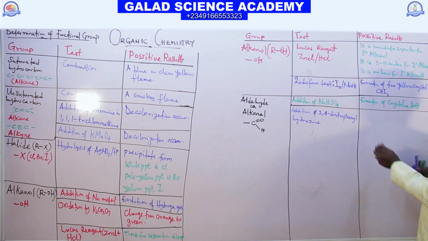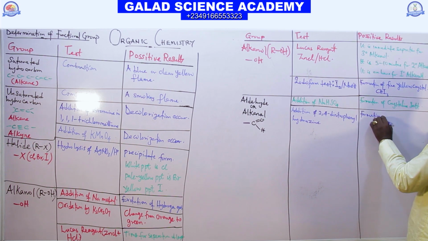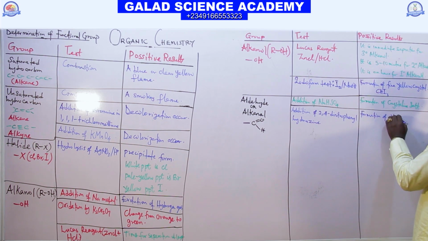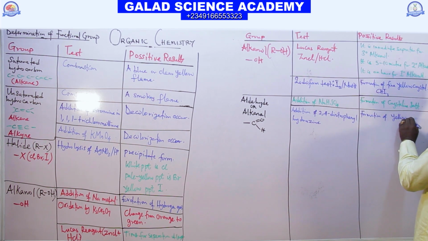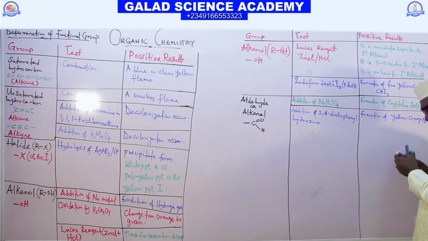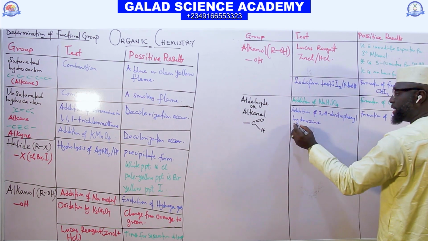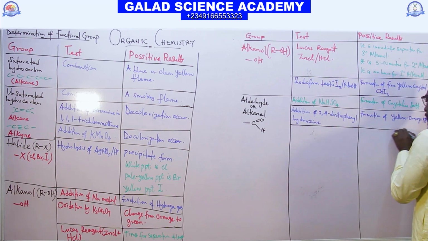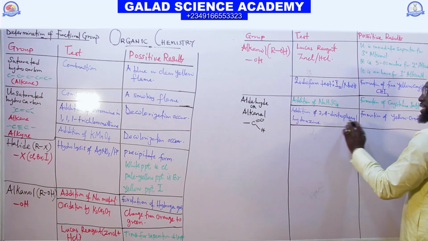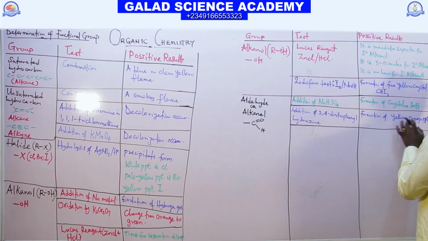So the addition of 2,4-dinitrophenylhydrazine with aldehyde gives a fine yellow-orange precipitate.